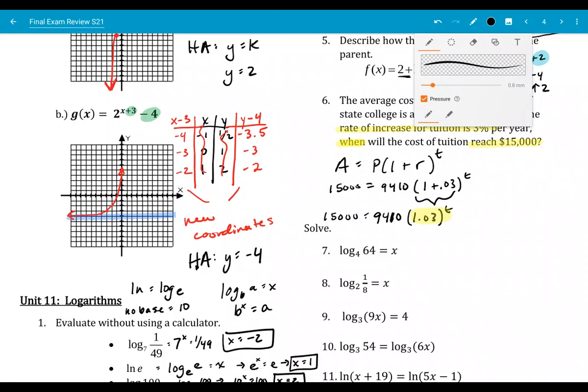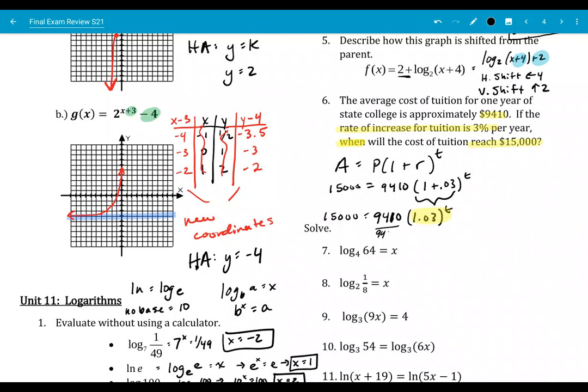So how I'm going to do that is by dividing both sides by my initial. So what I have now is 15,000 divided by 9,410, which is 1.594, is equal to 1.03 to the power of t.